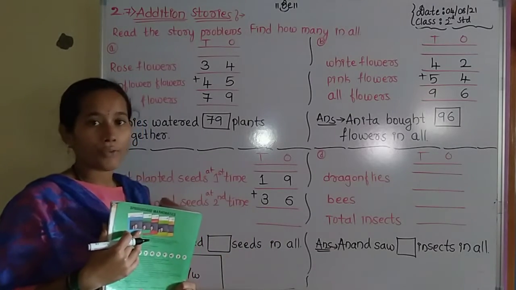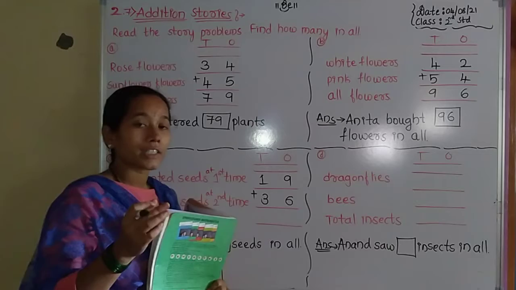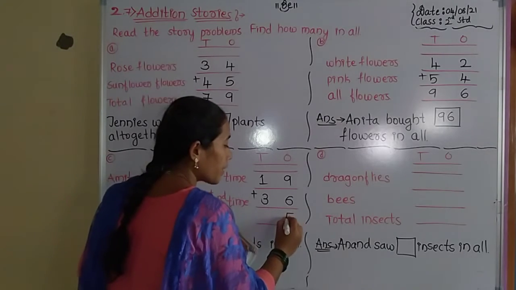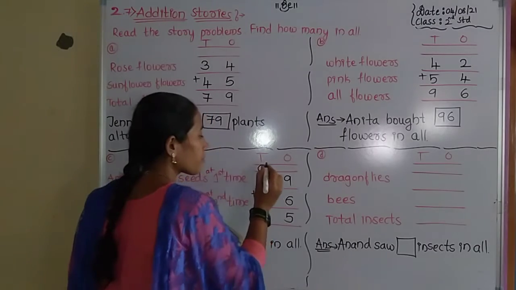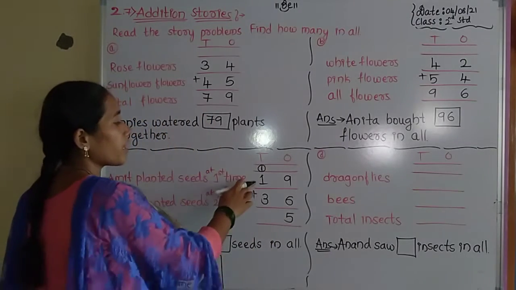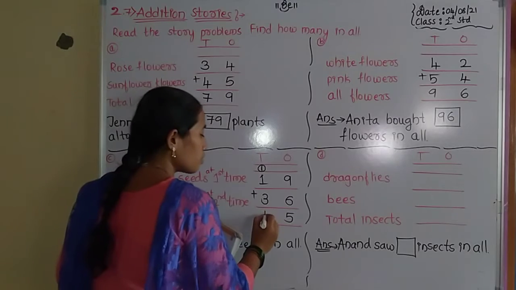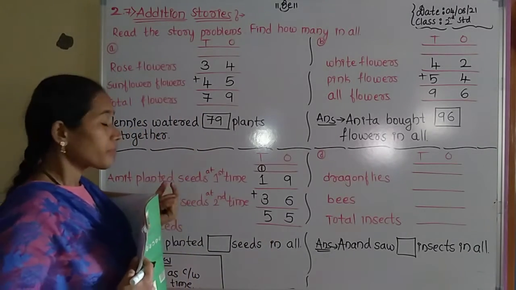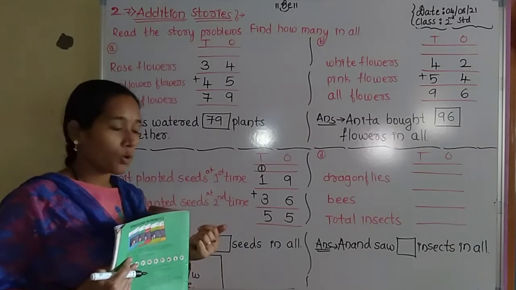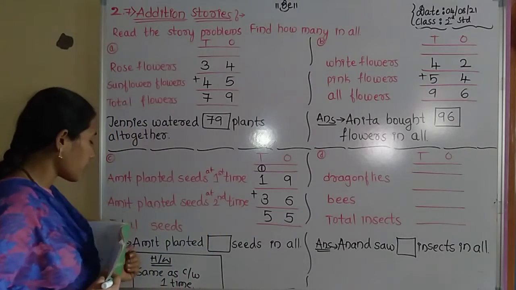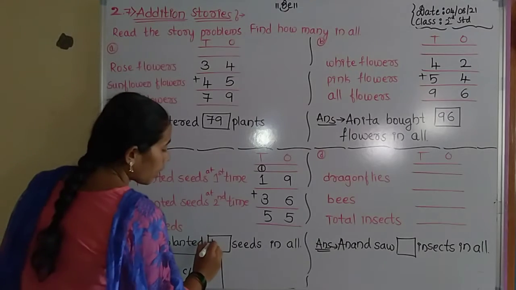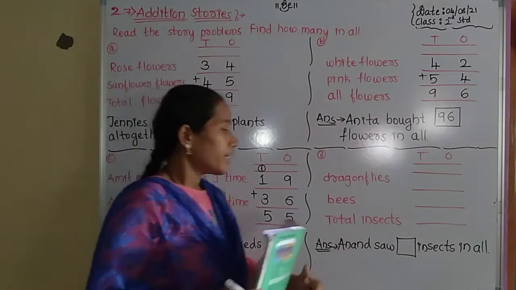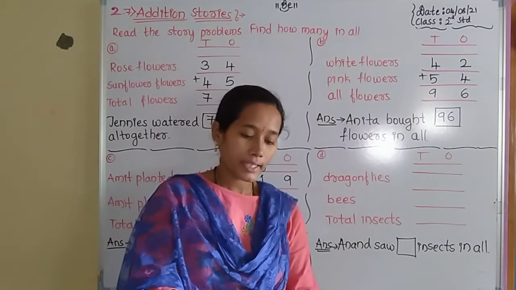Very good, 15. 15 is a two-digit number, so regroup: write 5 here, 1 is the carrying. Then in the tens position, 1 plus 3 is equal to 4, 4 plus 1 is equal to 5. So 55 is the total seeds Amir planted. Here we write the conclusion: Amir planted 55 seeds in all.